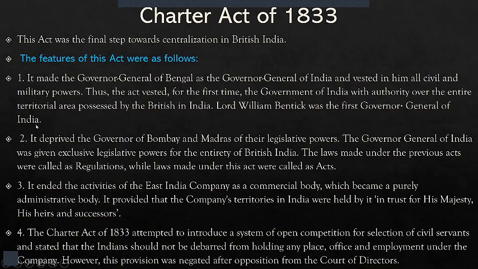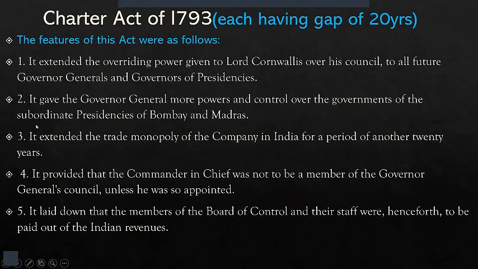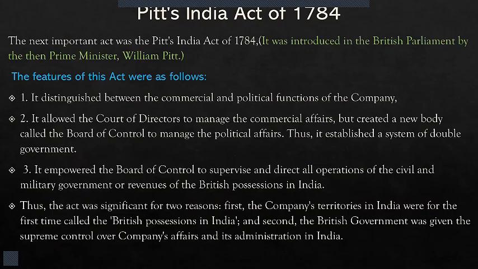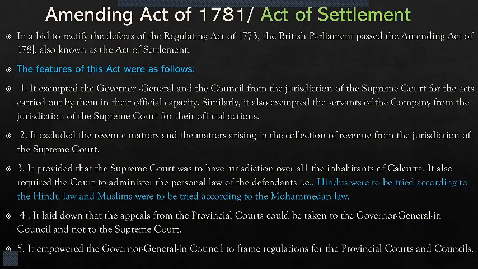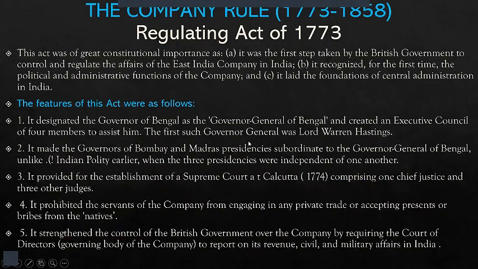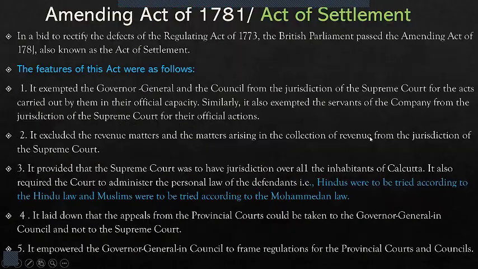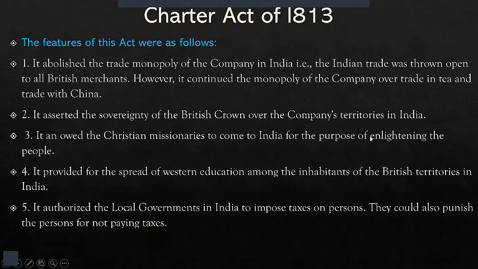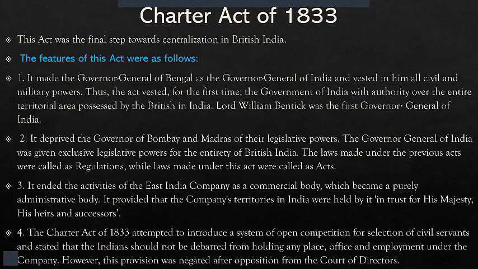So who was the first Governor General of Bengal? The first Governor General of Bengal was Lord Warren Hastings. Sorry, I was wrong there. The first Governor General of Bengal was Lord Warren Hastings, and the first Governor General of India was William Bentinck.